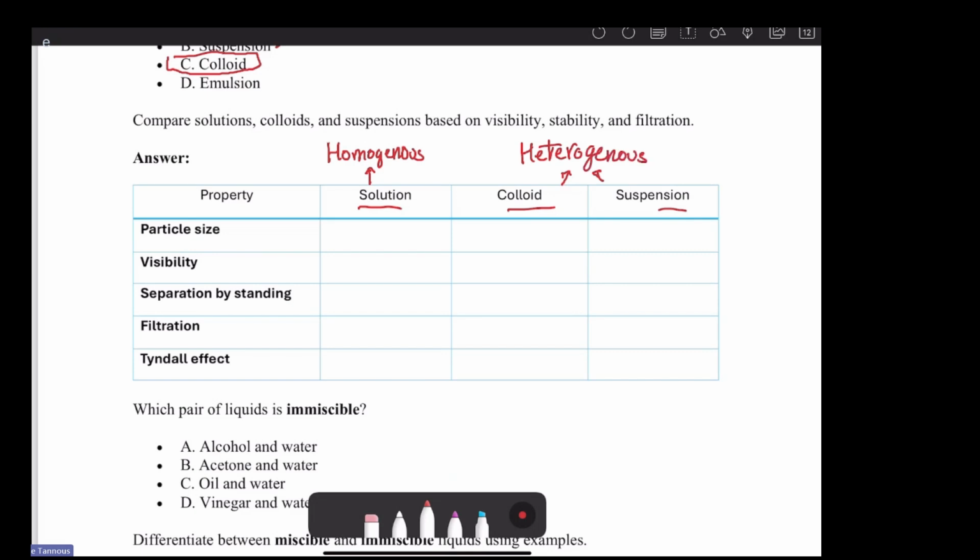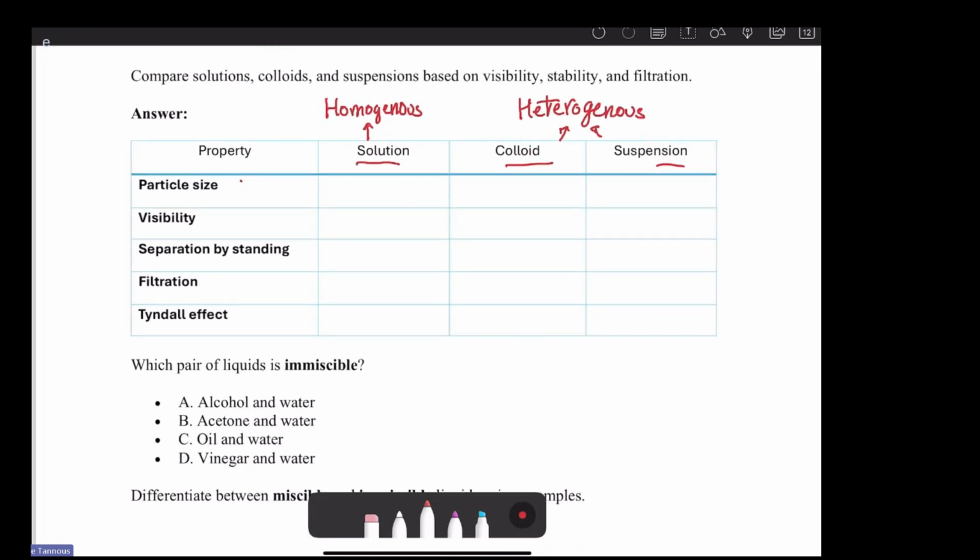Now, in terms of particle size, we're talking about the solute. Let me just clarify it like that. For a solution, the solute particles are so small, almost less than 1 nanometer in size. That's why you cannot see them with the eye.